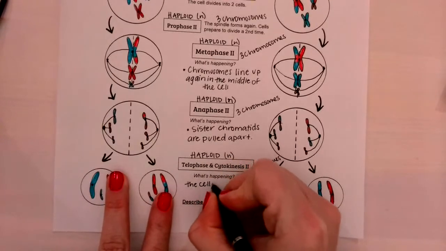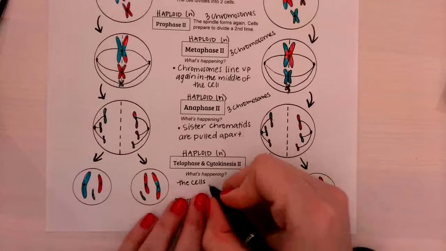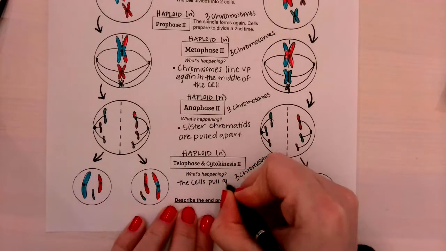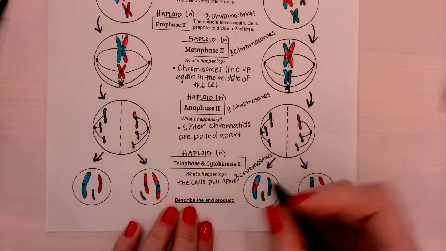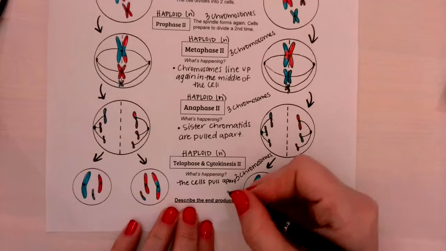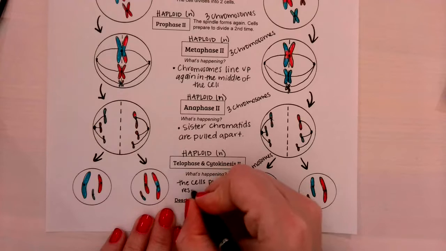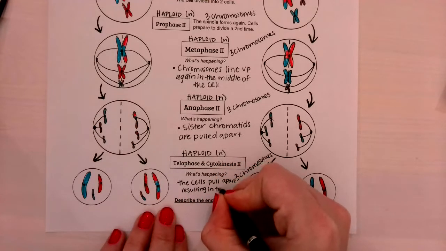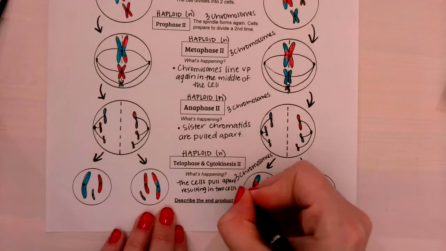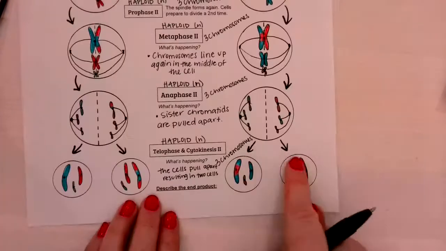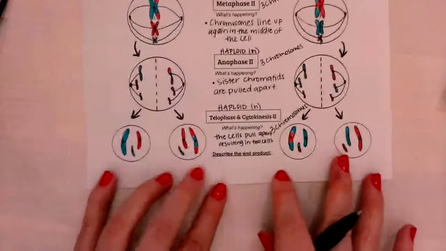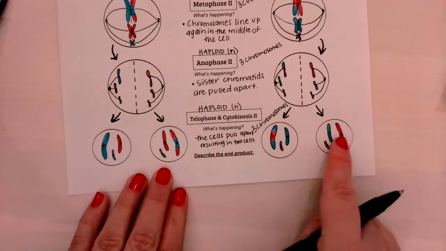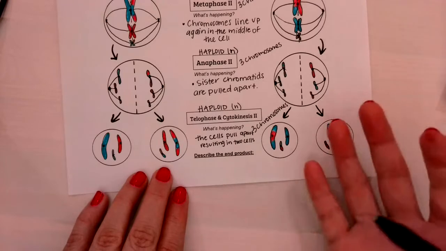The cells pull apart, and that's cytokinesis, resulting in 2 cells. So 2 cells here, 2 cells here. So we now end up with 1, 2, 3, 4. We have 4 cells. These are gametes.